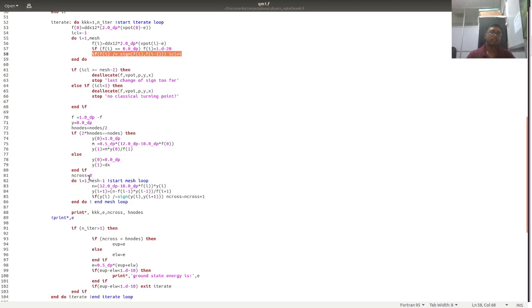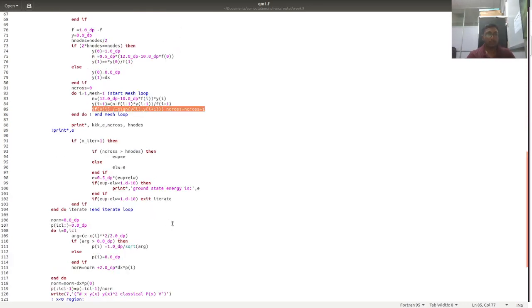Initially n cross will have a value 0, and the logic is that if yi has a different sign than yi plus 1, then there will be a cross. Cross means it is going upward and then going downward, so there will be a point in which y will change its sign. So we are going to calculate the total n cross.